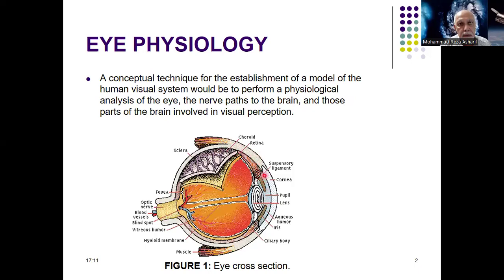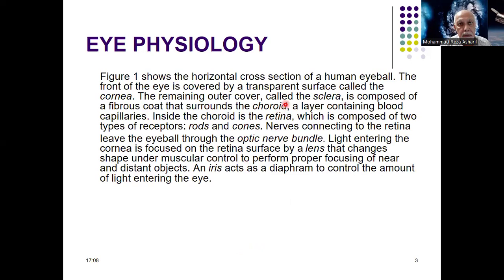Inside, retina is here. Retina is here, which is composed of two types of receptors, rods and cones.